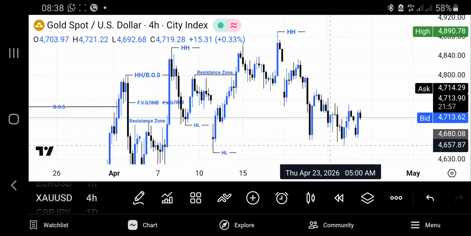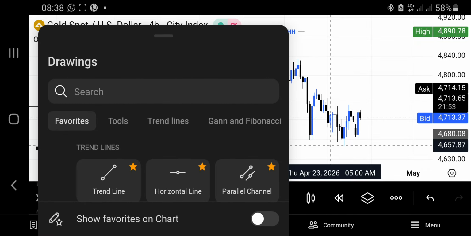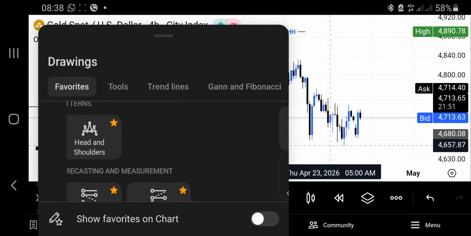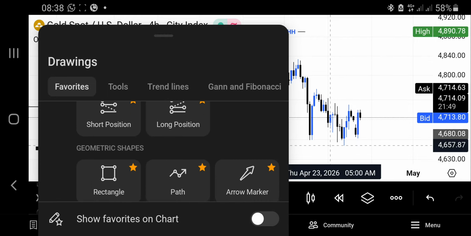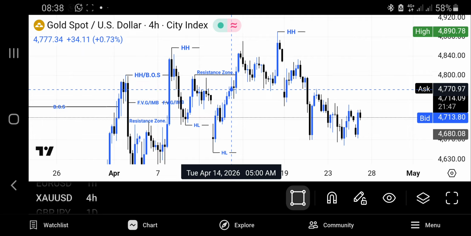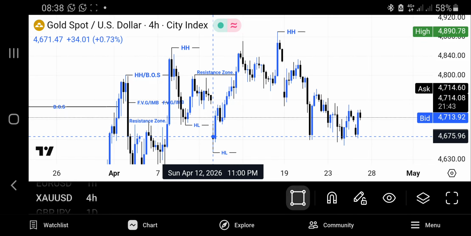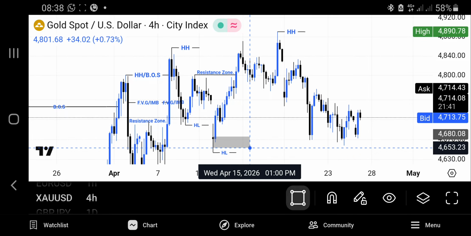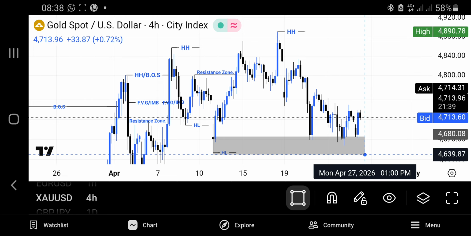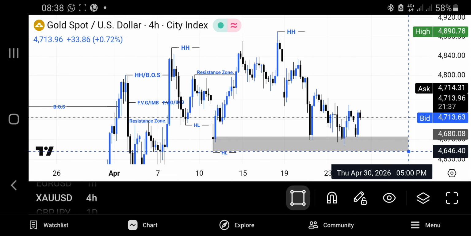You can see the market forming a 4 hours support zone. What is it? If a demand zone gets tested too many times, it turns into a support. You can see it.